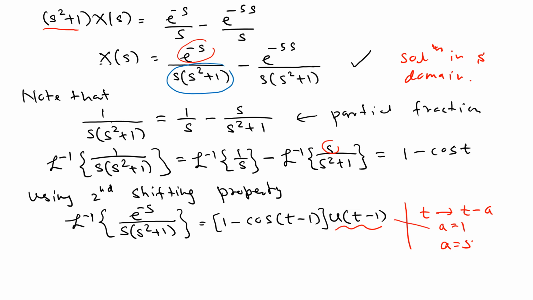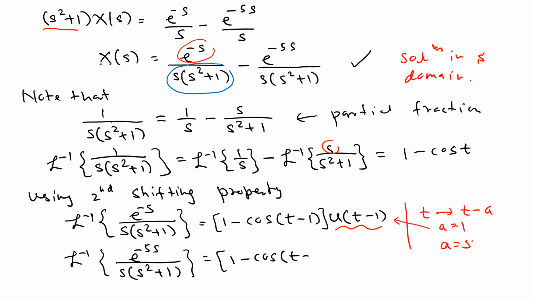That's the first one. Now do the same thing for the second one. It is e to the minus 5s over the same function, fortunately. So you still go to the same function, but now you replace t by t minus 5, because a is equal to 5, and then also multiply by u(t minus 5).